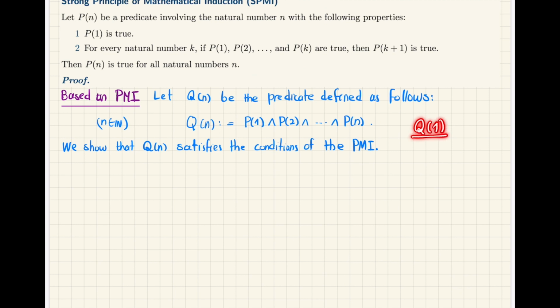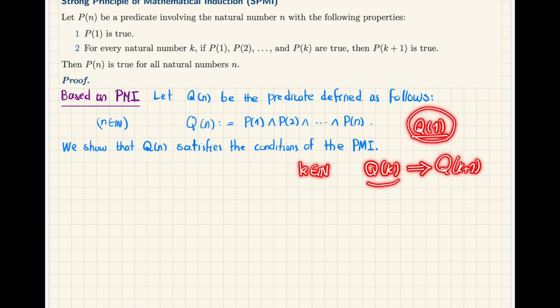This is one of the conditions of the PMI. And then I choose a k in the set of natural numbers and I assume that Q of k is true. Then I show that this would imply that Q of k plus 1 is also true. So my strategy is clear. I want to show Q of 1 is true. I assume that Q of k for some k in the set of natural numbers is true, and I want to show that Q of k plus 1 is also true.